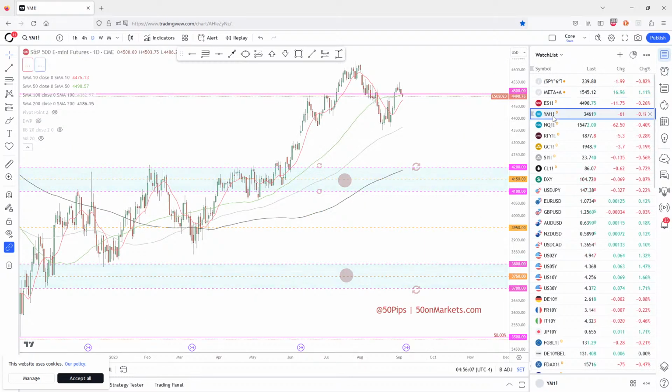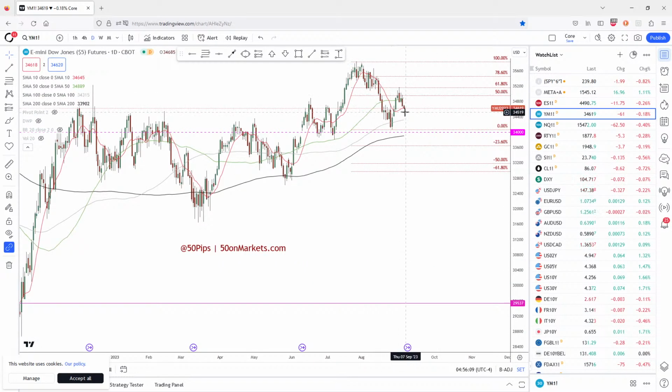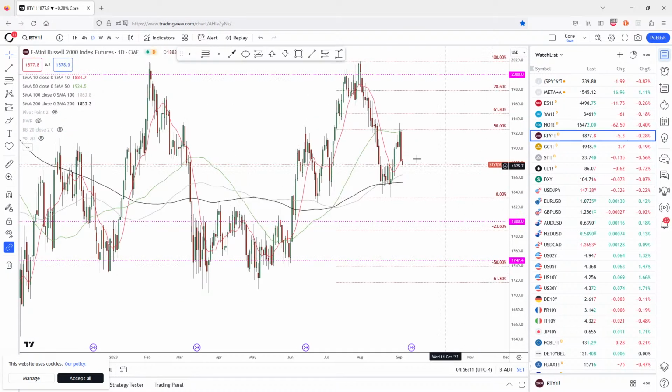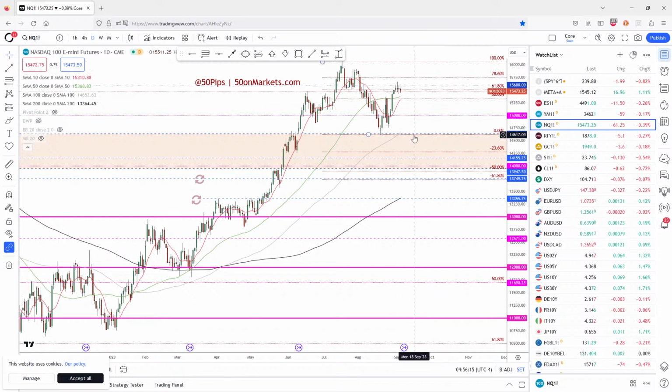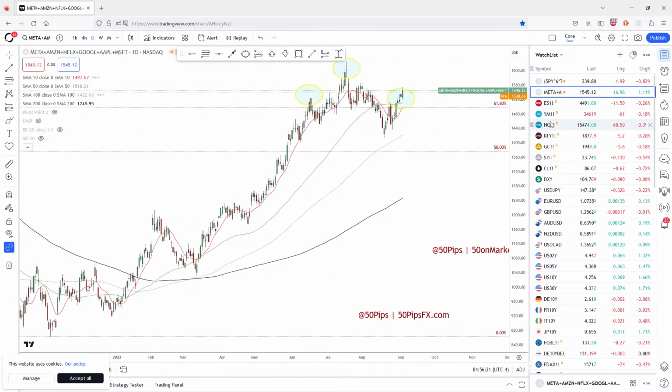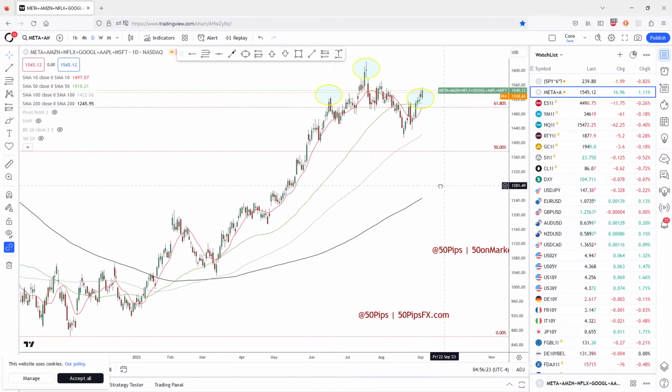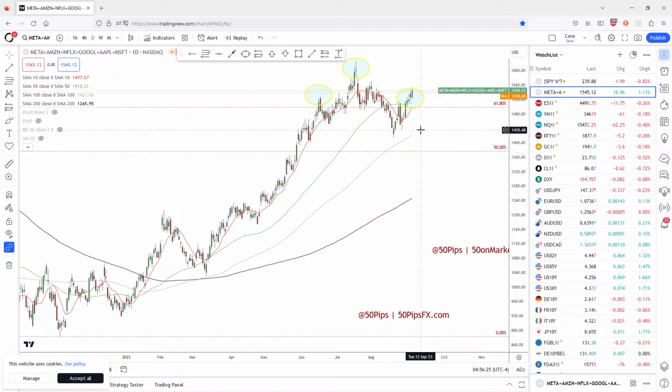And if you look at YM, also it's having trouble. Russell at the 50 back having trouble. NASDAQ trying to stall a little bit here. So it's a very, very similar situation across the board. And here, if you're looking at Fangman also, is it trying to put in some kind of a top?